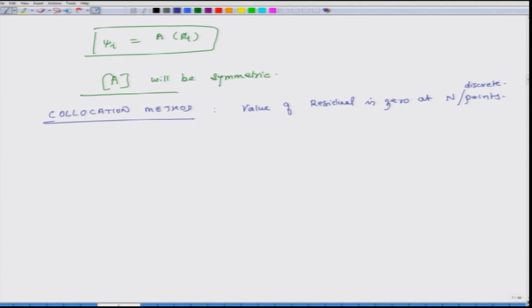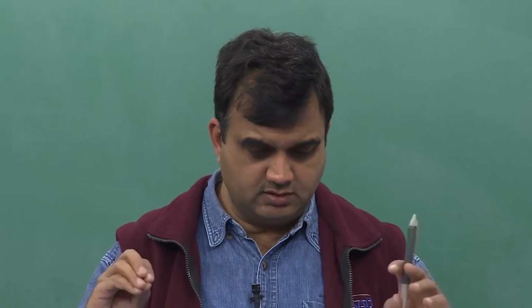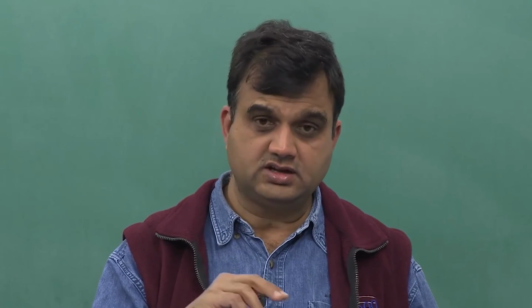So, we identify n points in the domain, suppose I have an n term solution, so I need n equations. So, I identify n points in the domain which I think are important, and at those n points I enforce the condition that this residual is 0.